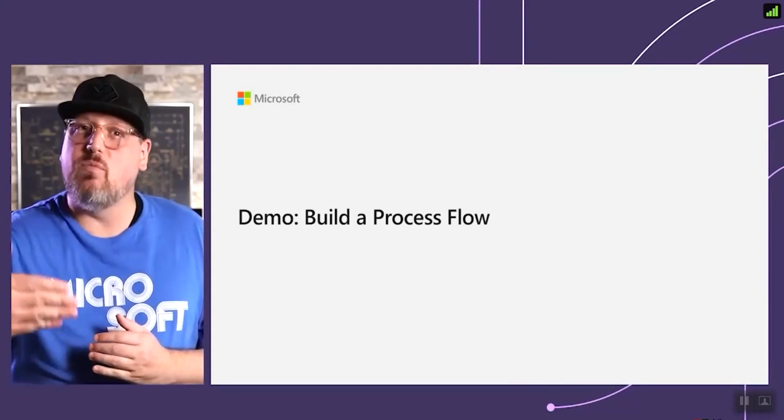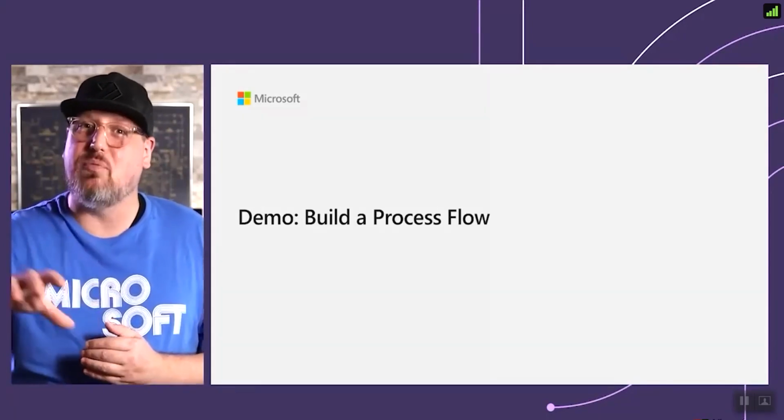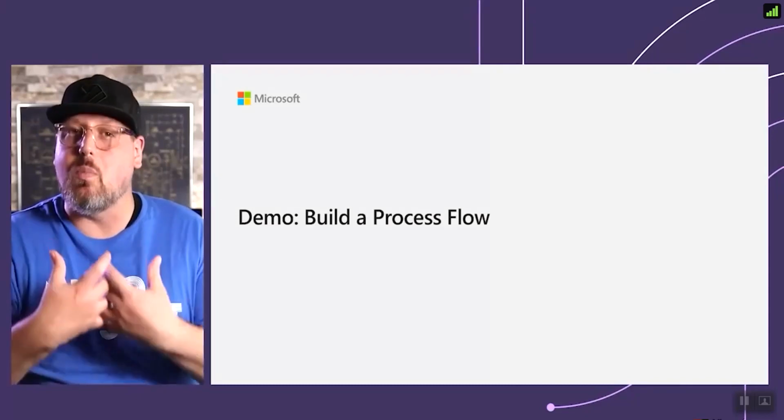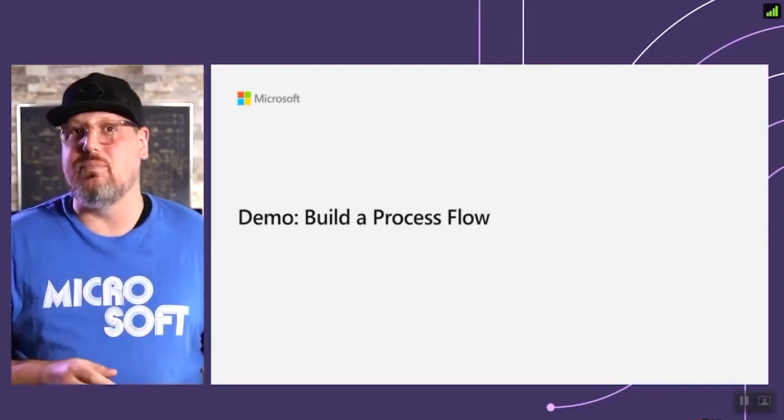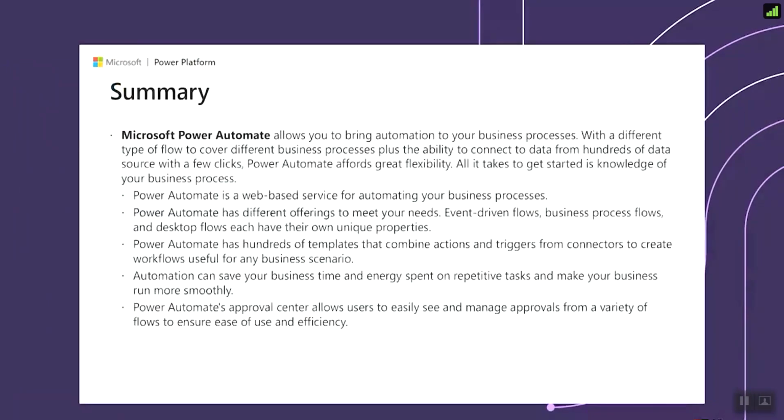We will soon have more modules on how you can build desktop flows that allow you to do robotic process automation in both attended and unattended mode. But for now, what we saw is that Microsoft Power Automate allows you to bring automation to your business processes, with a different type of flow to cover different processes, plus the ability to connect to data from hundreds of data sources, only with a few clicks.